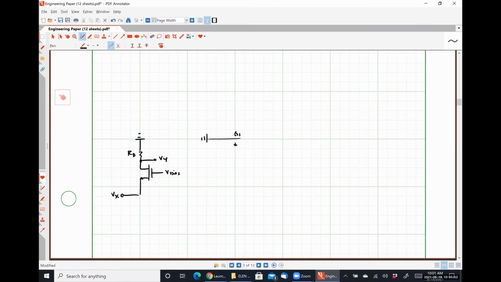Then I have plus VGS1 minus. Here's my source for transistor 1, where I'm applying my input signal. Here is gm1 VGS1.